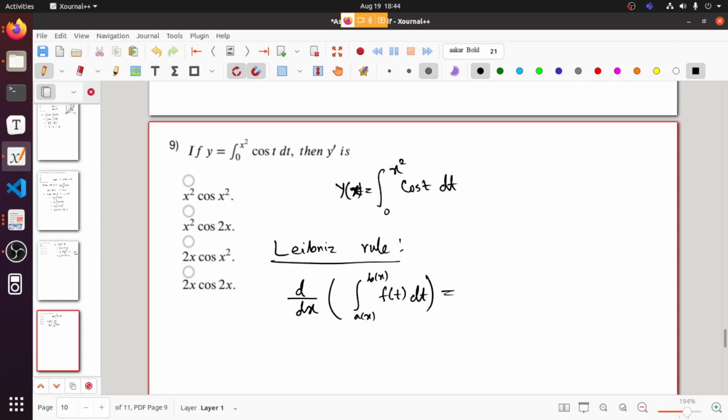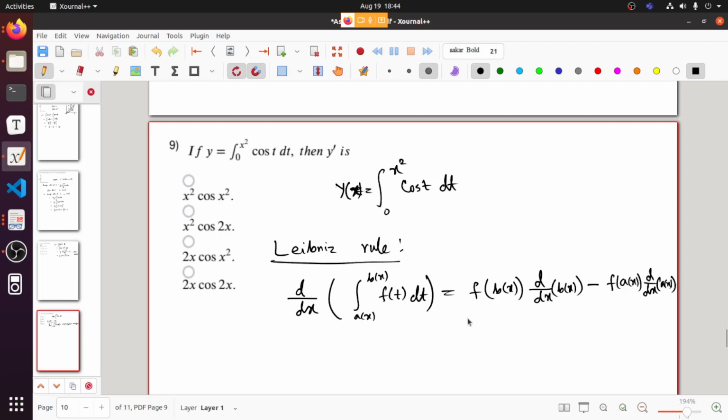Just put the upper limit first, f of b(x), and differentiate b(x) with respect to x, minus, put the lower limit f of a(x) and differentiate a(x) with respect to x. So this is the Leibniz rule.